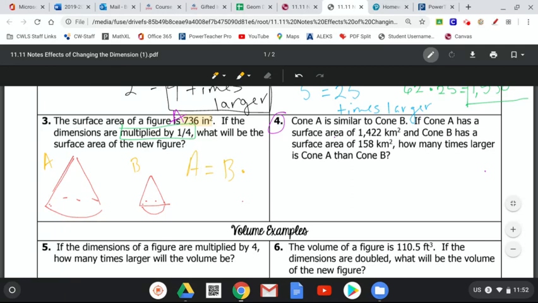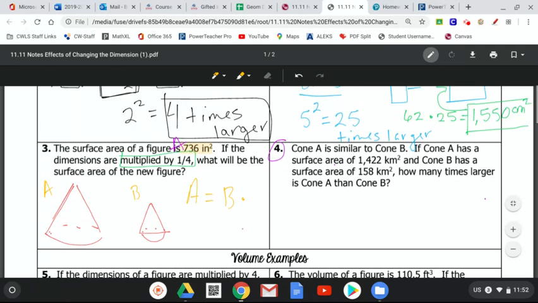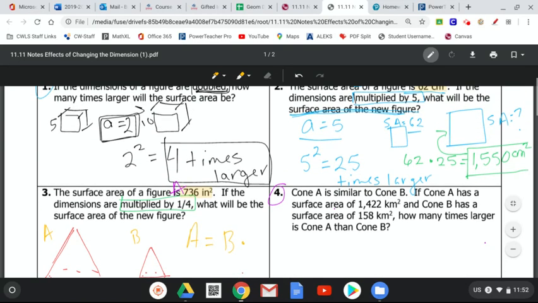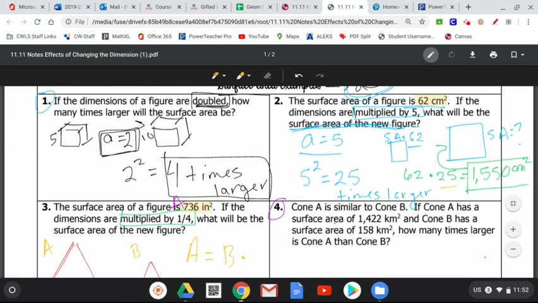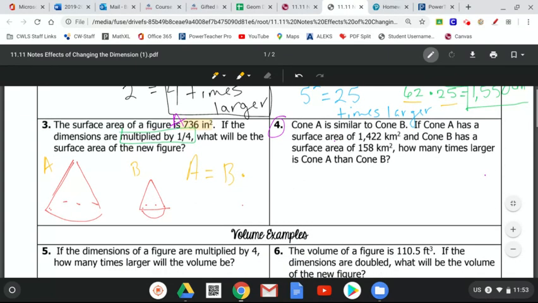Well, that value we found out, and we've been doing this the whole time. If you look up at problem number 2, the 25 was our A squared, so we took the first value and multiplied it by our A squared value and got that second surface area. So for this one, we're multiplying by that A squared value, okay?